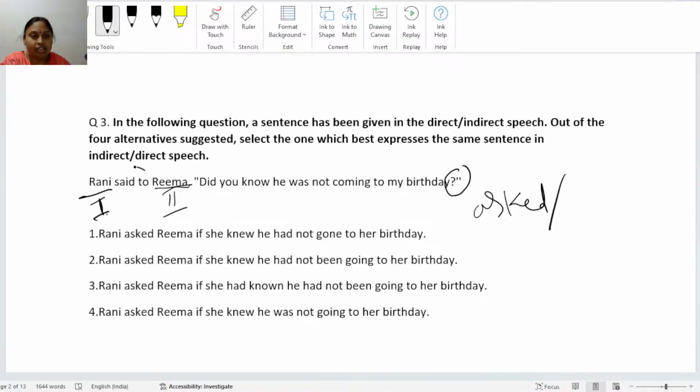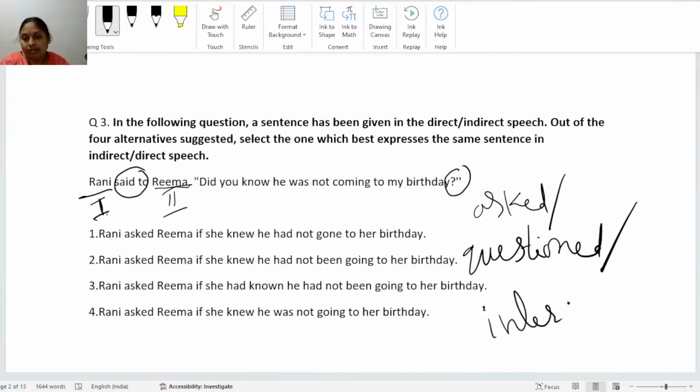In place of this said to, we have to write asked, or else we can write questioned, or else interrogated. So instead of said to, we use asked, questioned, or interrogated.